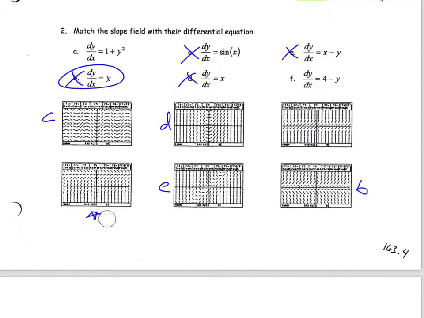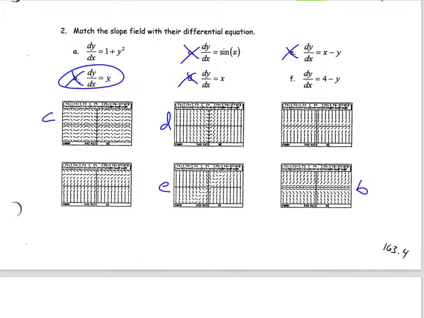What else? You could plug in for either A or F on the two remaining graphs, and find a spot on the graph where one's negative and on the other graph it's positive, and if it doesn't match up, whatever you plug in. All right, give me an example. Well, A will always be positive.